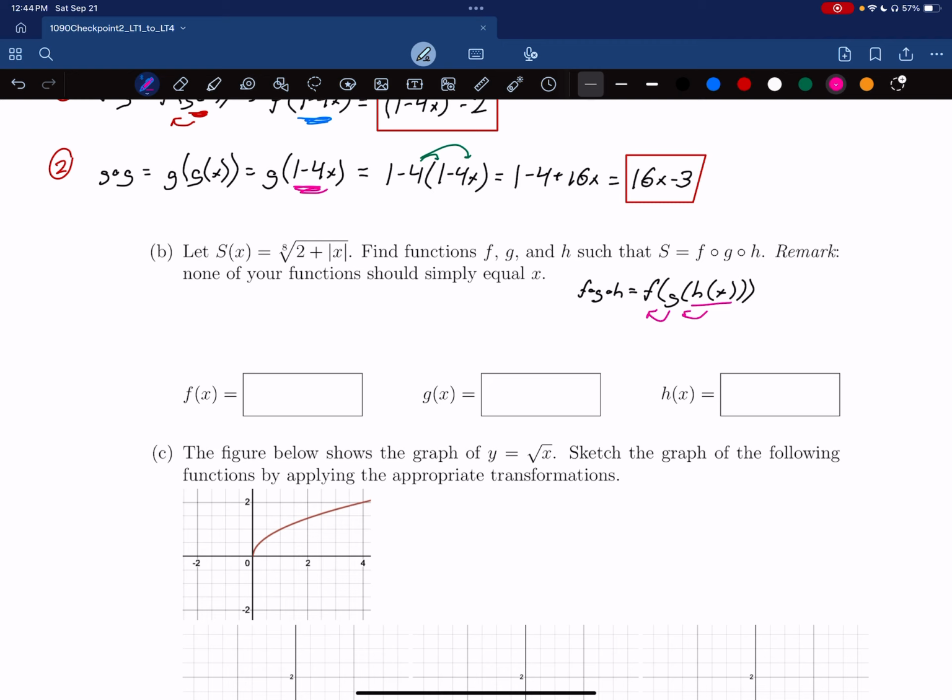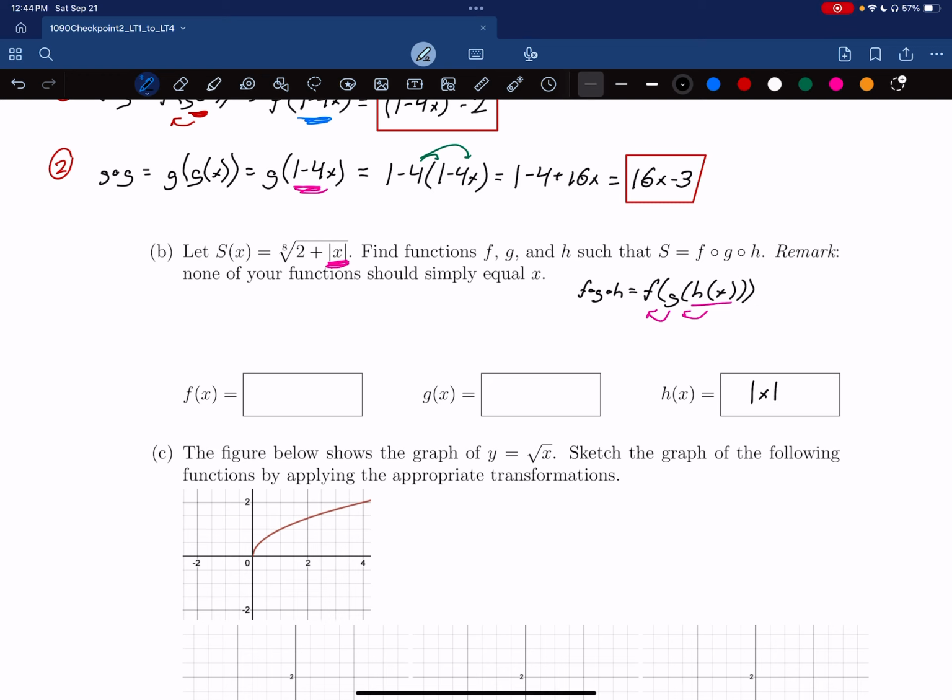So looking at our function s of x, we have an eighth root. Inside of that is 2 plus the absolute value of x. So the function inside of that function will be our absolute value of x. That's like the innermost part. So we can write that h of x is equal to the absolute value of x.